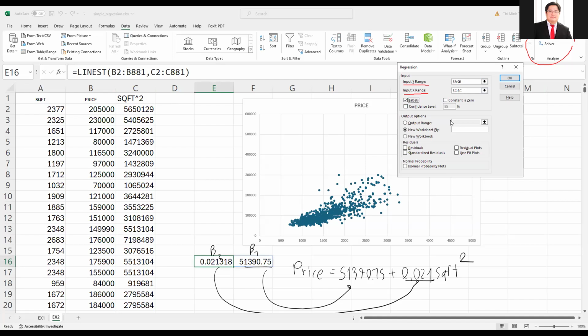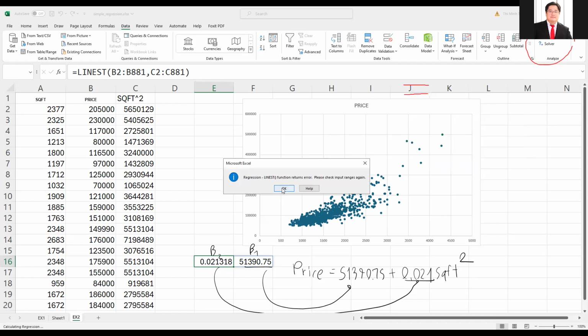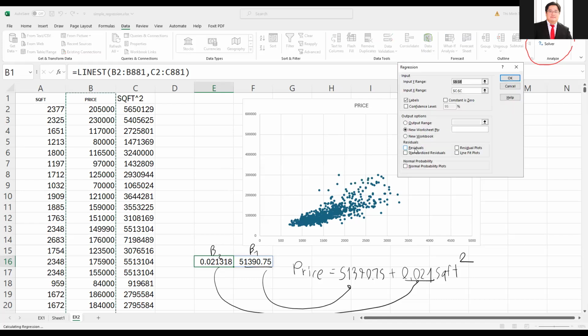Labels means our data includes the names of variables. But let me try first because it may give an error. So today's lesson is to make sure that Excel is not the proper program to work with regression, because we tried to insert all the data at once and it gave an error.